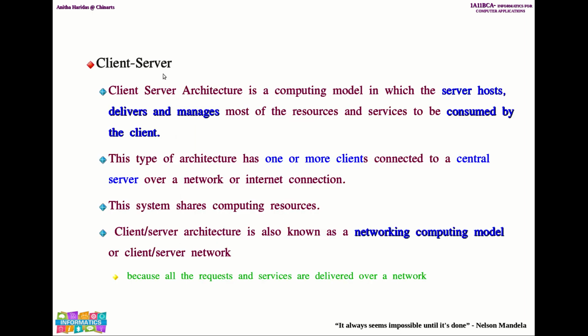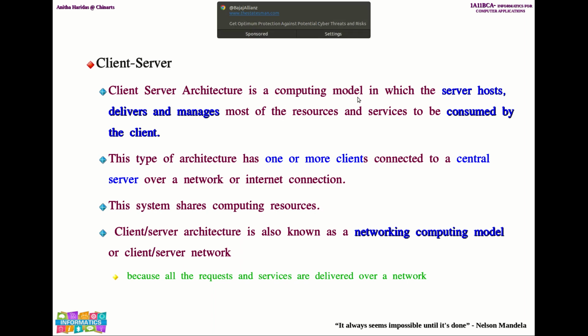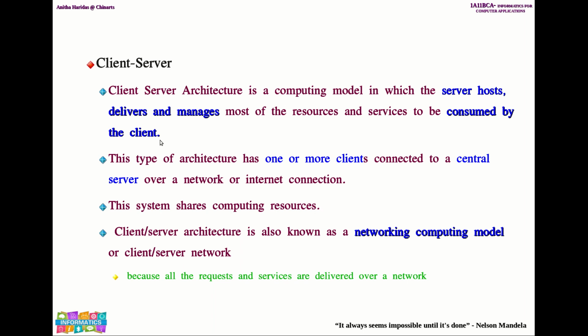Next one is your client server architecture. It is a computing model in which the server hosts, delivers and manages most of the resources and services which can be requested by the client. It is a type of architecture which has one or more clients connected to a central server.